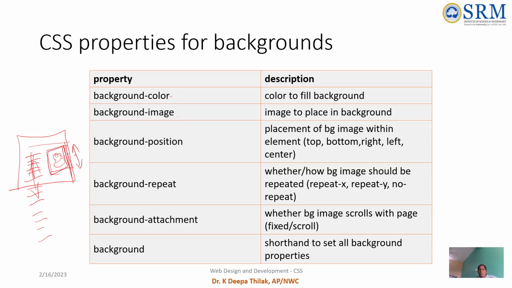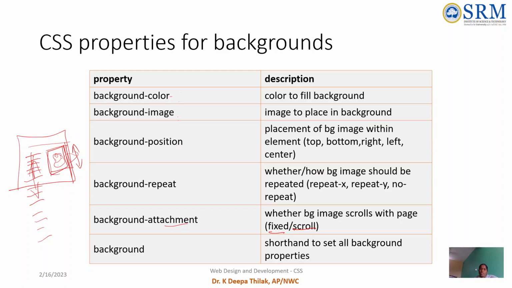Whether it should stay stationary and fixed or scroll along with the text. If I want my image to scroll along with the text, I should give the background attachment the value scroll. If I want the image to be fixed, not to move along with the text, then I should make it fixed. So you should decide which value you need for the web page.